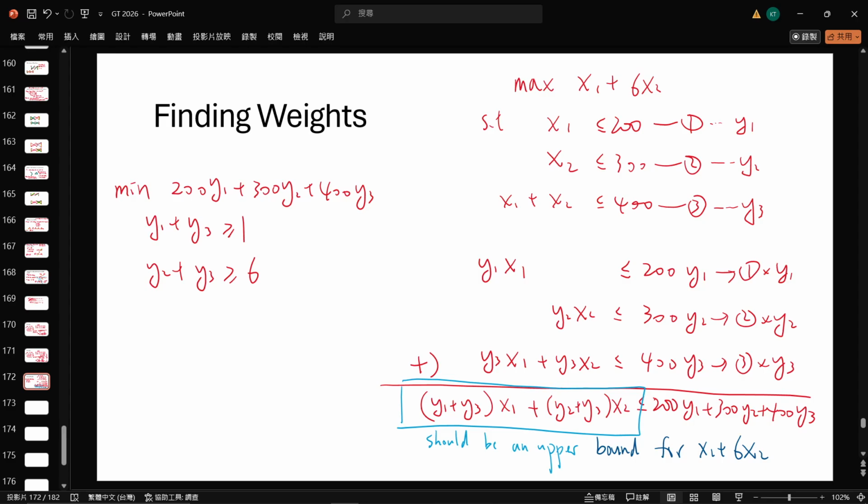So this y1 plus y3 comes from this. This is the coefficient of x1 in the weighted combination that we get. And this y2 plus y3 is from here, the coefficient of x2 in our weighted combination.